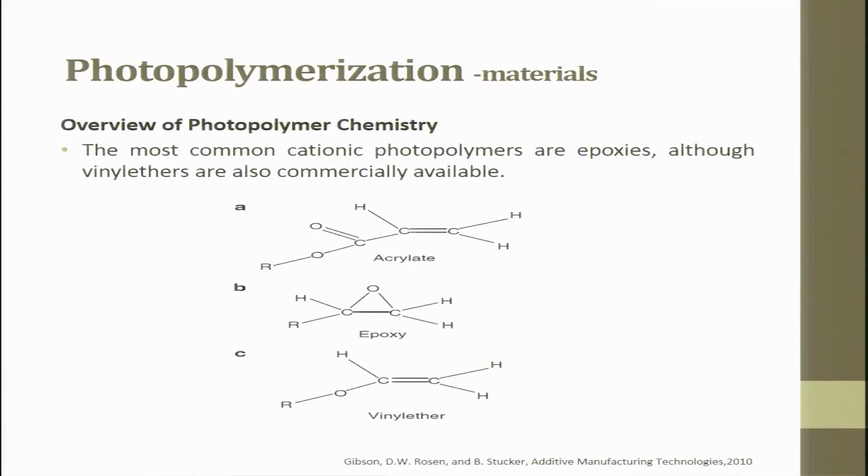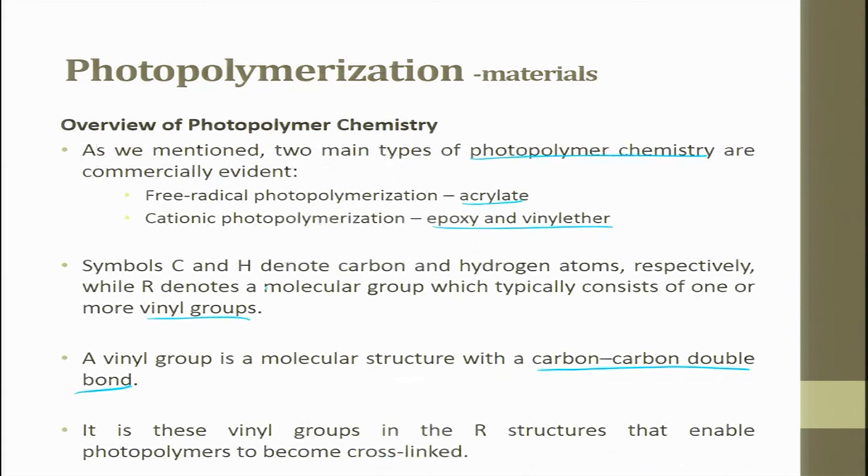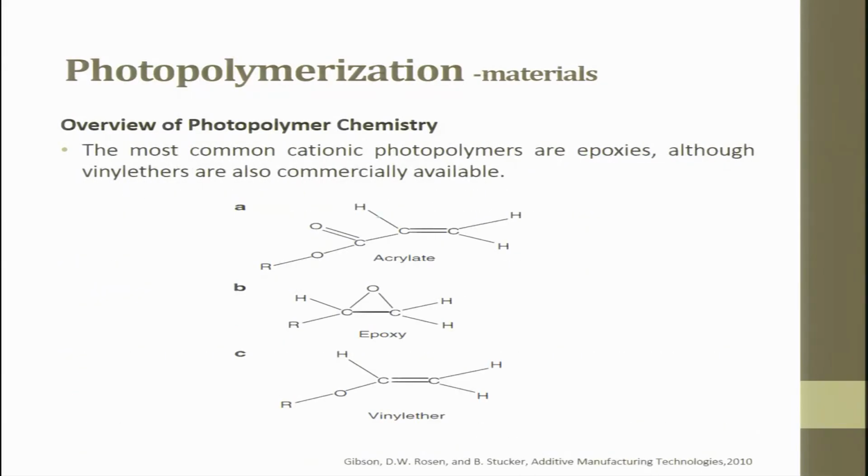So, this is what it is. So, we have talked about all these things where R, so C double bond H, we have oxygen, we have R structures; these are for acrylate, these are for epoxy, these are for vinyl ether. So, in the overview of photopolymer chemistry, the most common cation photopolymers are epoxies, although vinyl ethers are also commercially available.